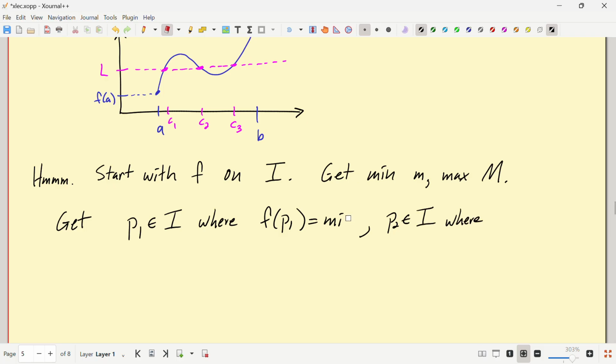I have a little m for the min, where f of P1 equals m, and then do the intermediate value on the interval P1 to P2.